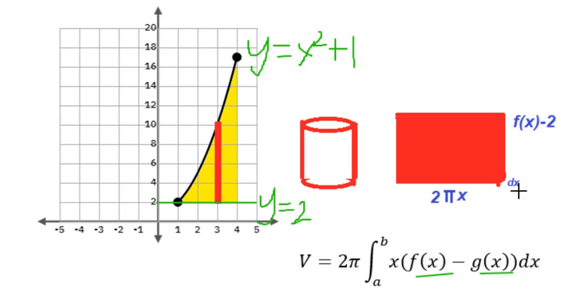The thickness is dx, think about this as a piece of paper. Then the height is the difference of these two functions: f of x minus 2, because y equals 2.